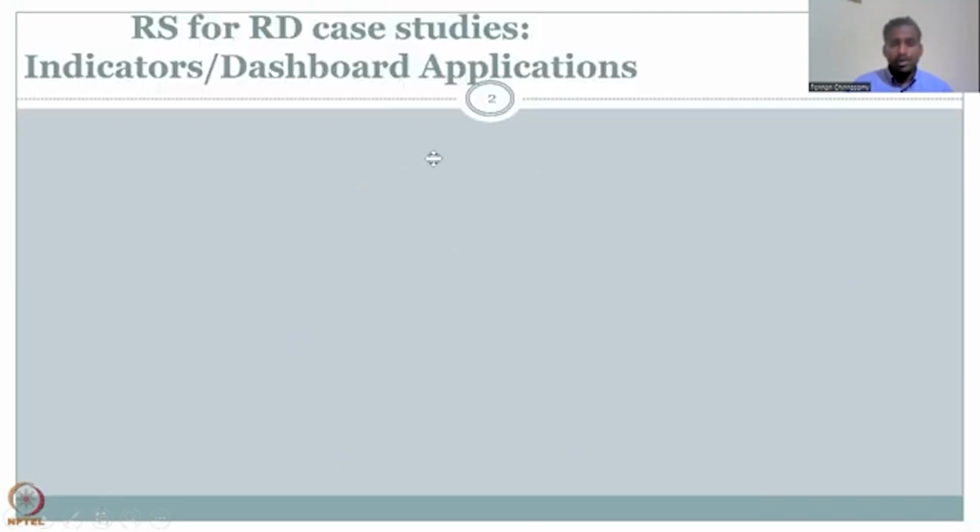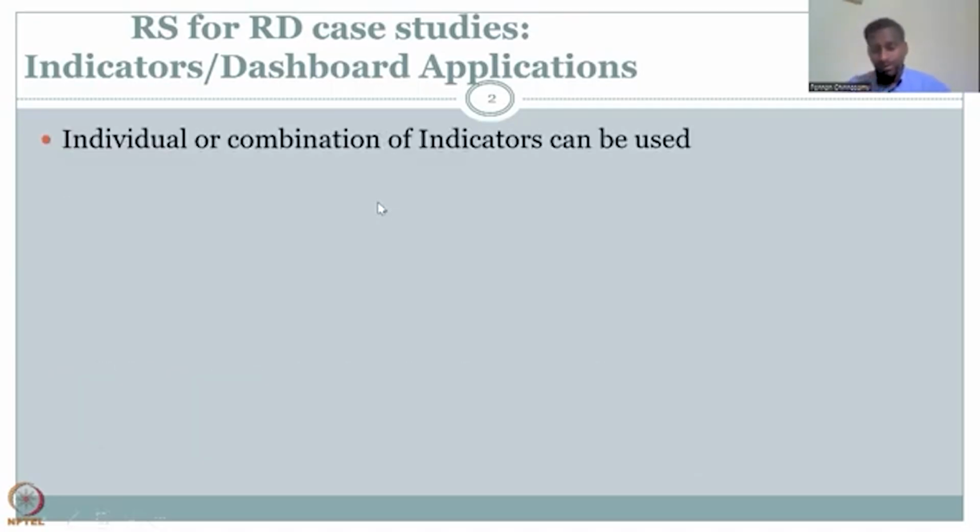So as all of you know, remote sensing for rural development has many case studies in terms of how we want to use remote sensing and at what spatial and temporal scale. And we did discuss that multiple indicators are available. One such indicator that we went in depth was NDVI, and also we looked into NDWI. However, not all data sets and indicators are readily readable by policymakers.